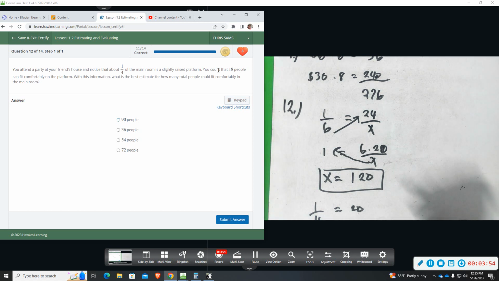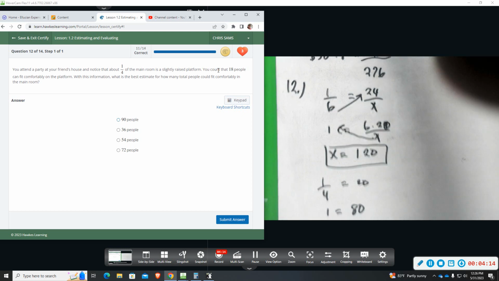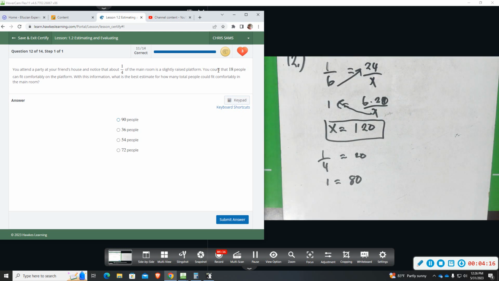So 80 people. So I guess my question is, are we talking about the whole main room or just the platform? So I'm going to try 80.